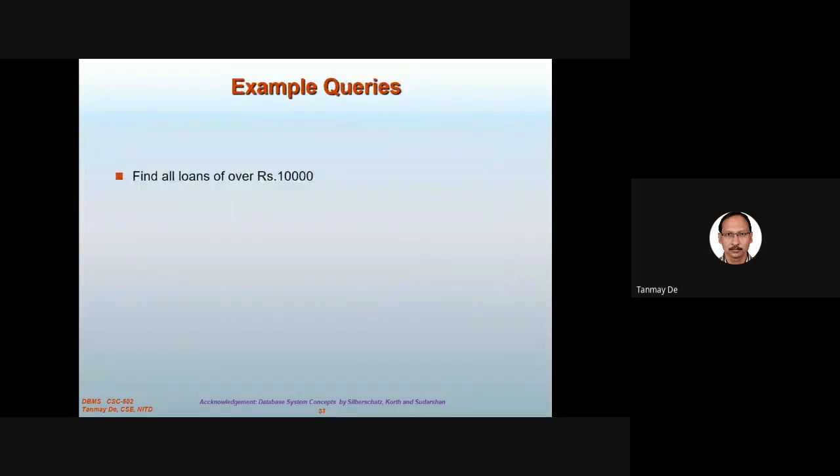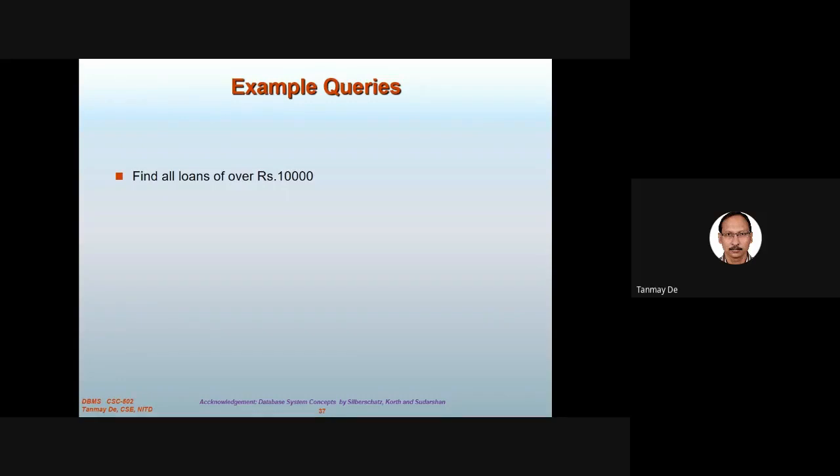Suppose a simple query: find all loans over 10,000, that is, the loan amount is greater than 10,000. How do we get this information, or how do we write this query in relational algebra? Which table or relation needs to be consulted to answer this query?